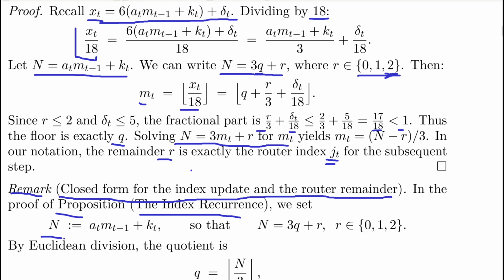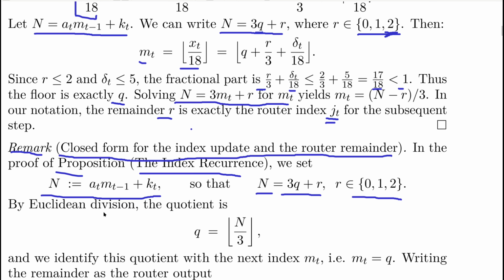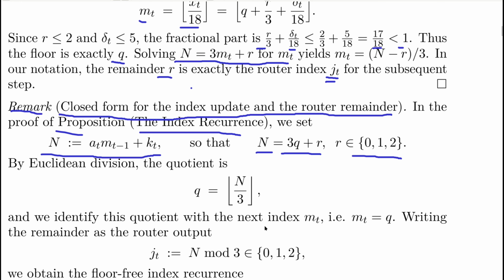So here we know n is defined this way, at mt minus 1 plus kt, so that n is equal to 3q plus r, and r is any one of 0, 1, or 2. By Euclidean division, the quotient q is equal to the floor of n over 3. And we identify this quotient with the next index mt, as we showed above. That means mt equals q.